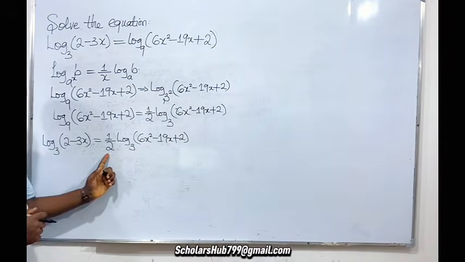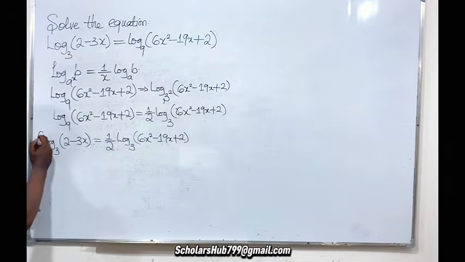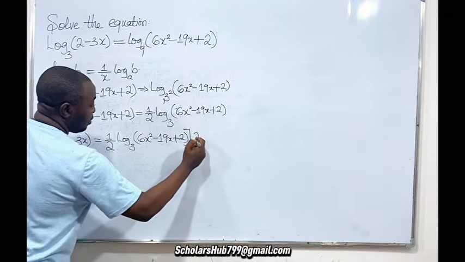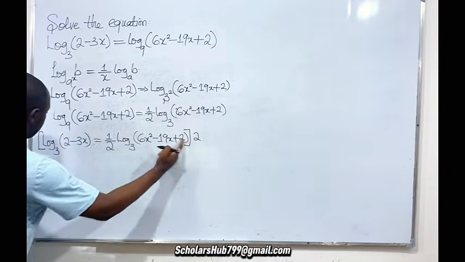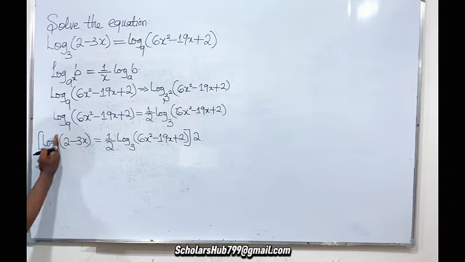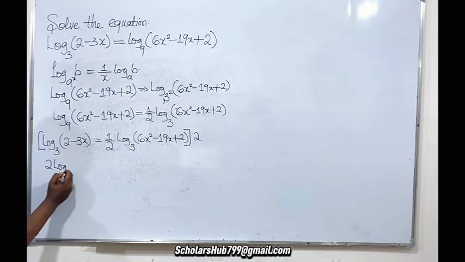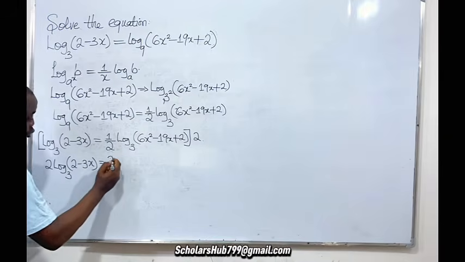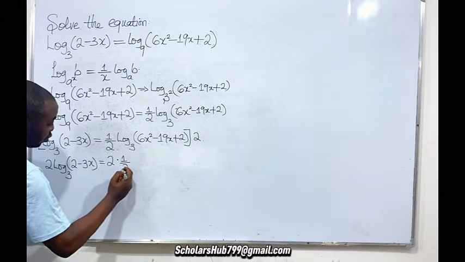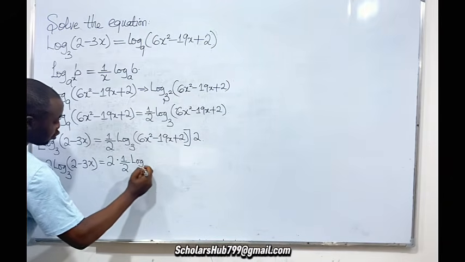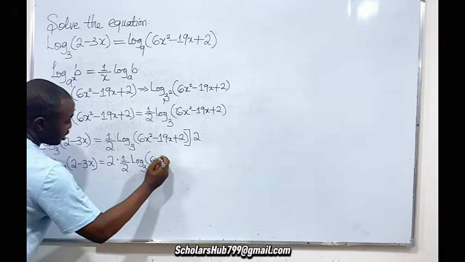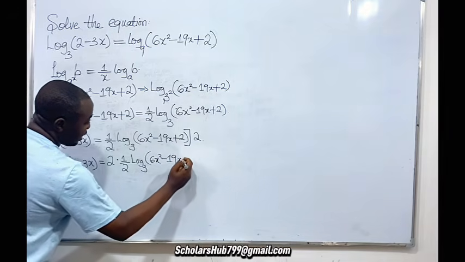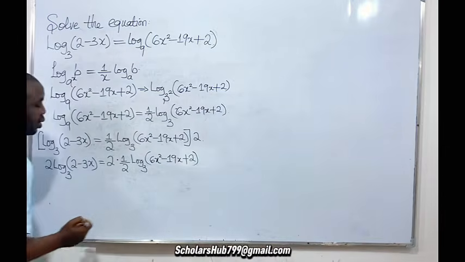Now to get rid of 1 over 2, I'm going to multiply this equation by 2. So 2 multiplied by log to base 3 of (2 − 3x) will be 2 log to base 3 of (2 − 3x), and this is equal to 2 multiplied by 1/2 of log to base 3 of (6x² − 19x + 2).